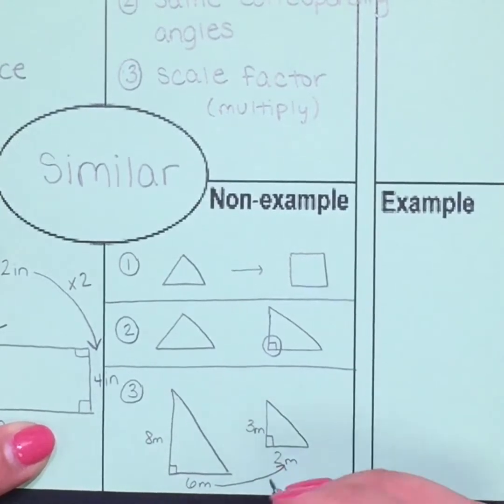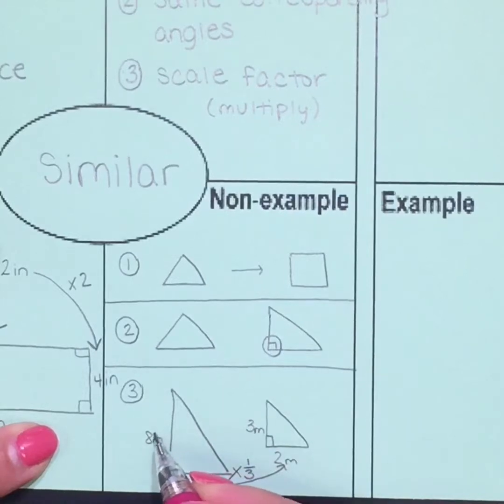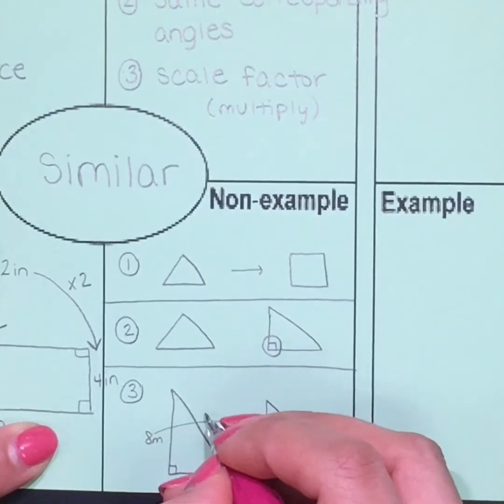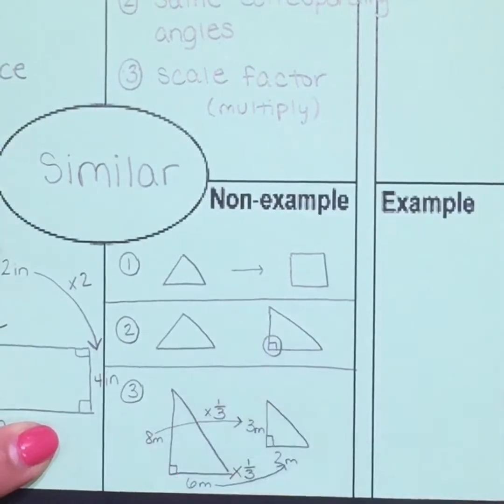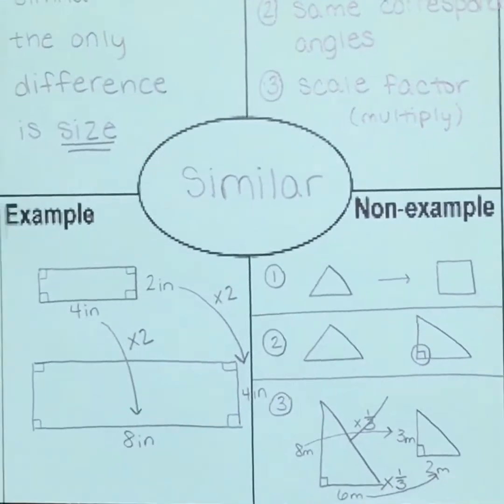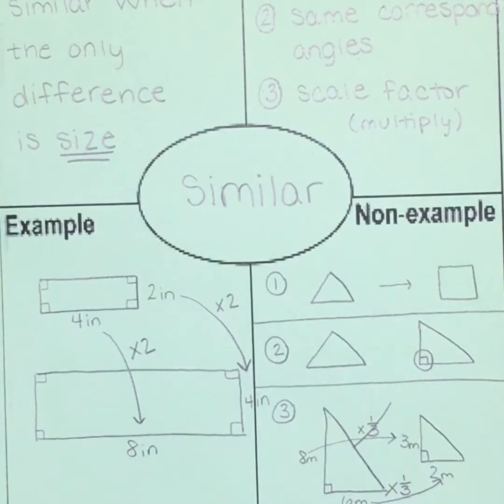So the scale factor instead has to be 1 over 3 because that means the same thing as dividing by 3. Now, is that the same thing for going from 8 to 3 times 1/3? No, that is not correct. So I know that these cannot be similar triangles because they don't have a scale factor. Okay, and that's what the word similar means.